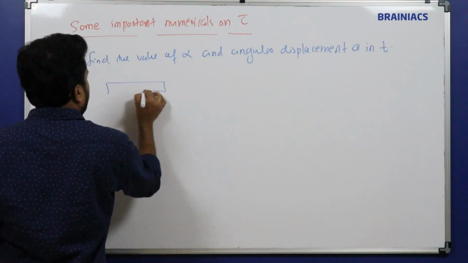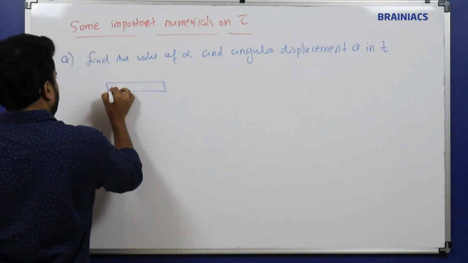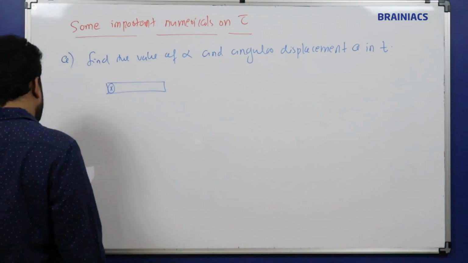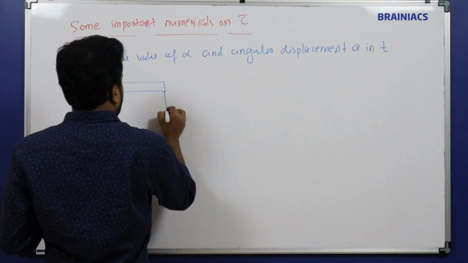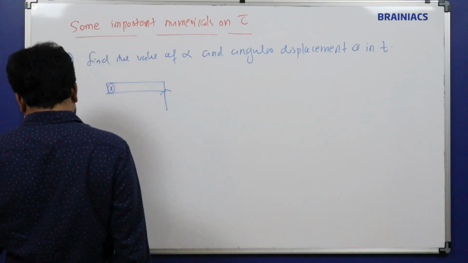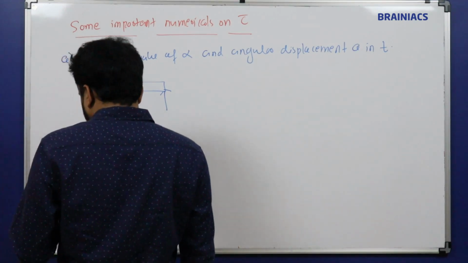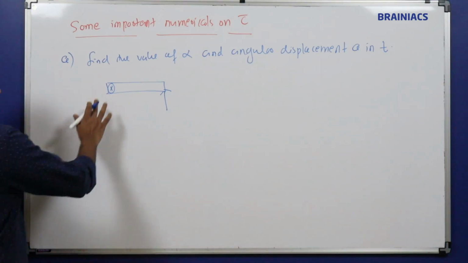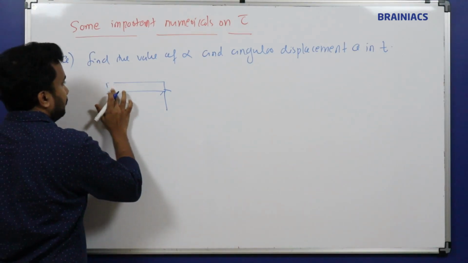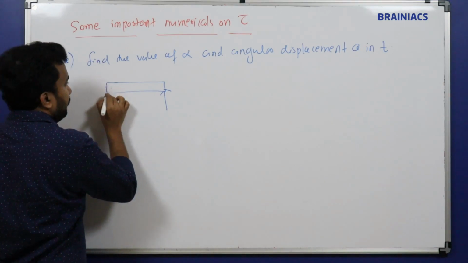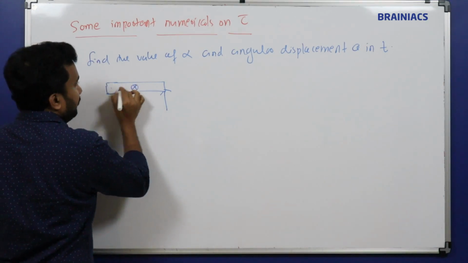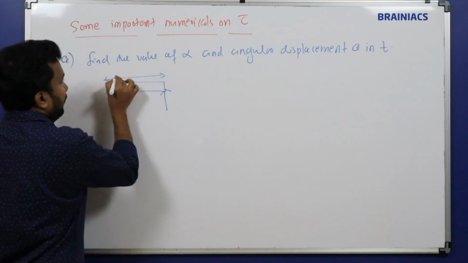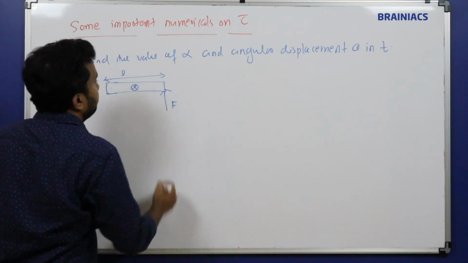The question is also given with a diagram, with a hinge which is fixed over here, and you are giving a force over here. And the hinge is not over here, the hinge is over here. So the total length is equal to L, with the center and F.